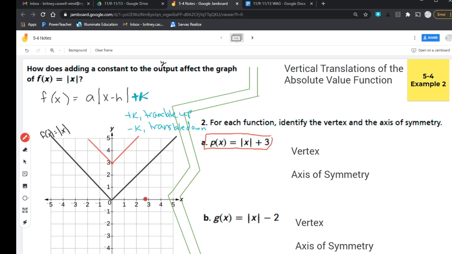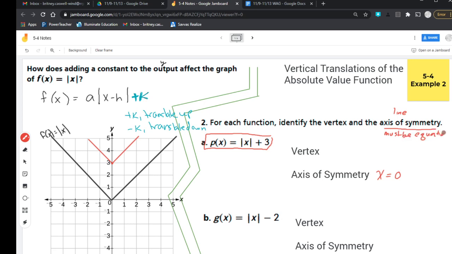Now, moving the graph up and down, that didn't change the axis of symmetry, did it? So our axis of symmetry is still at x equals 0. Alright, it's still right here on the y-axis. Now understand, when we talk about an axis of symmetry, that is a line, so it must be an equation.